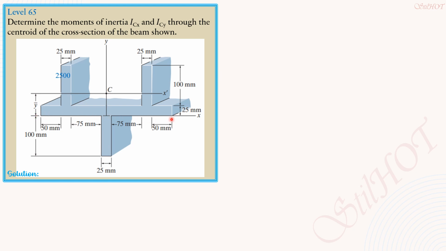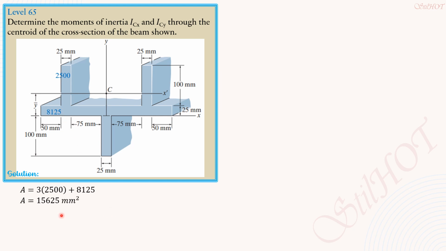The total base of this middle rectangular section is 325 mm and its thickness is 25 mm. So the area is 325 times 25, that's 8125 mm square. Not shown, but you can compute it. So the area is 3 times 2,500 plus 8,125, so area equals 15625 mm square.